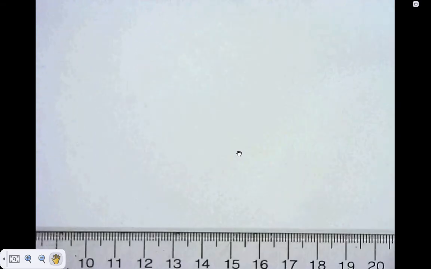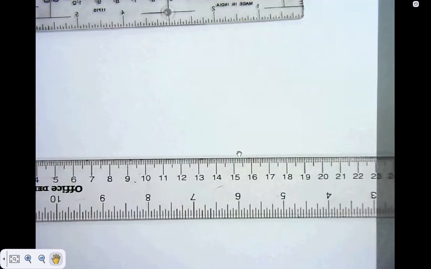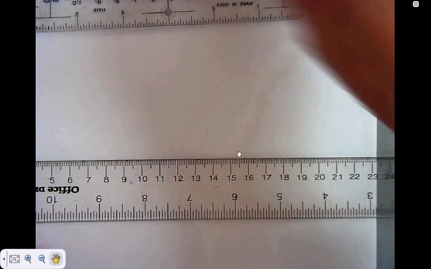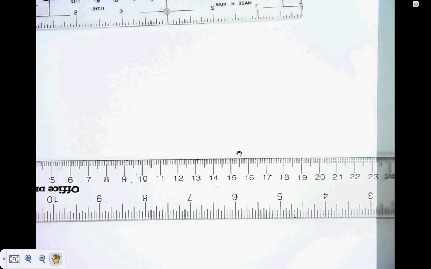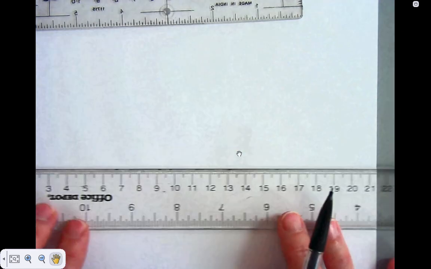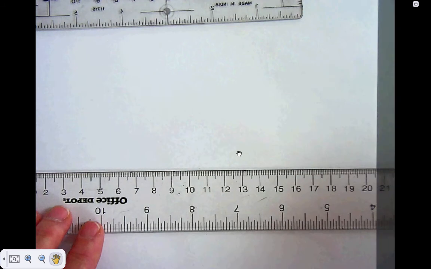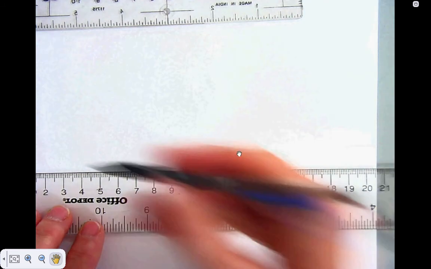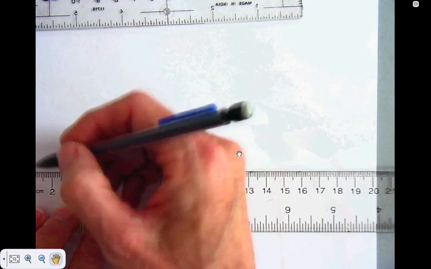So here we are with our paper. We'll go ahead and zoom out a little bit. I'll start from the very beginning, where we need to draw a line segment that is 5 centimeters. So let's go ahead and draw our first segment.